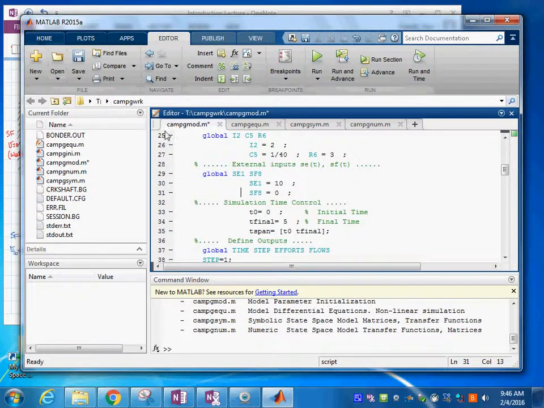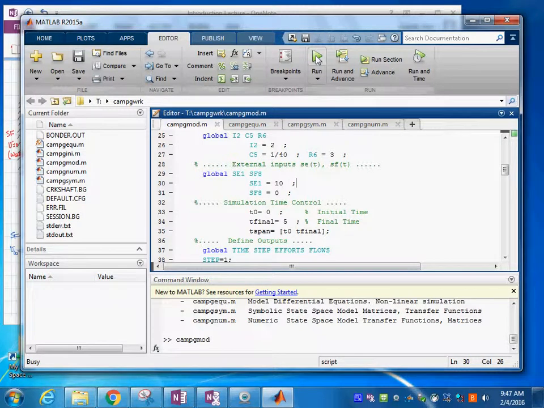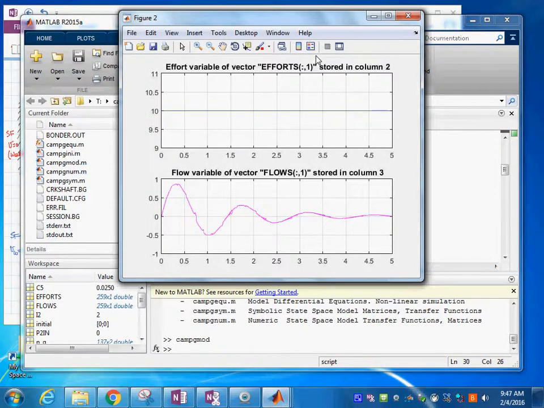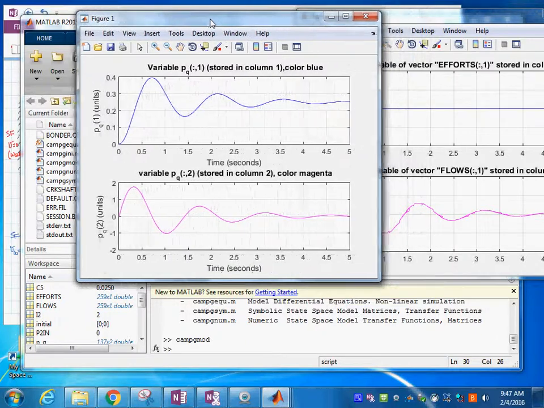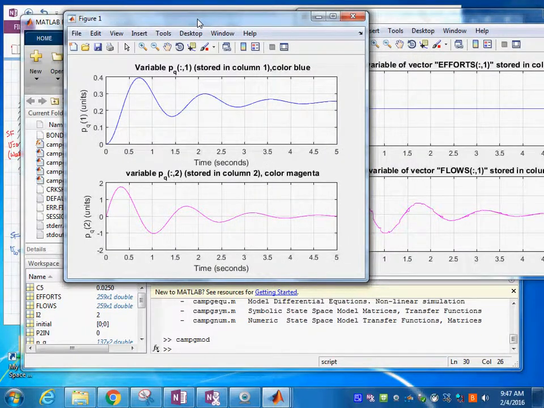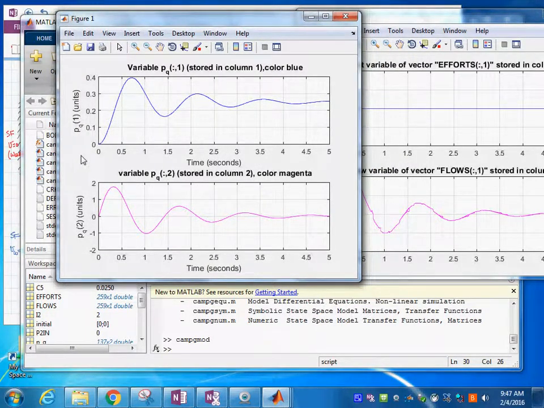Okay. So right now what we need to do is, once we put the physical parameters, we run it from here. And we should be able to get some response. See, in fact, it does. So in here we have the input as a step input, and this would be the response.